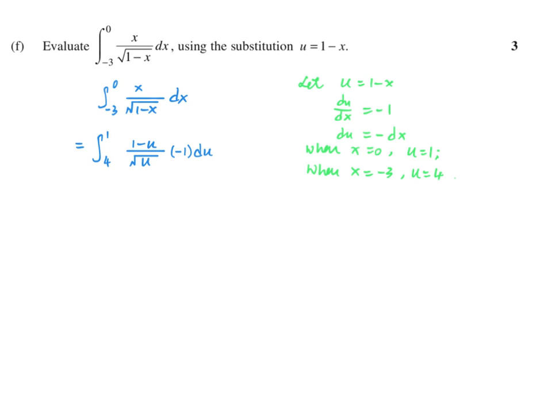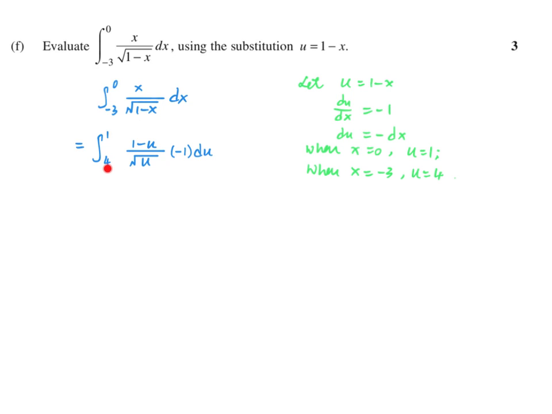Now we get everything ready. We just transform this x into u. u equals 1 minus x means x equals 1 minus u, right? So it is 1 minus u. And the denominator is root u. dx is minus 1 du, all right? Because du equals minus dx, so dx equals minus du.